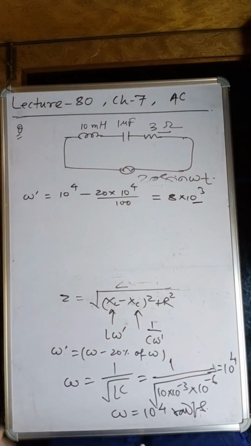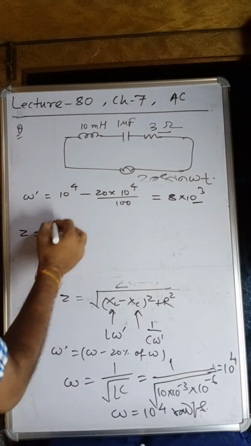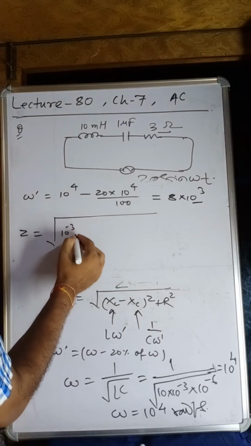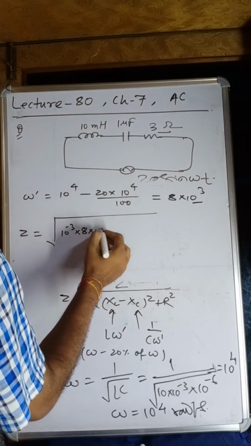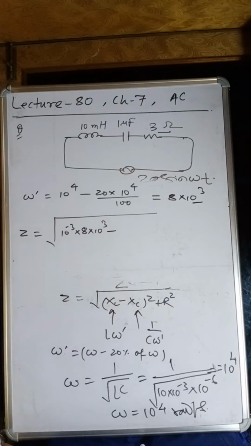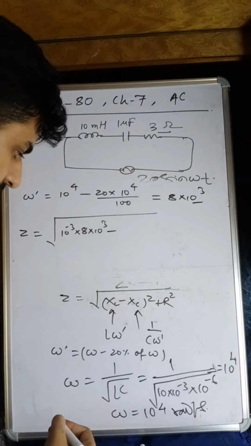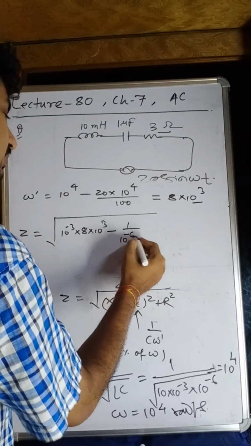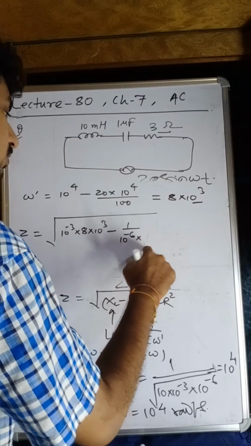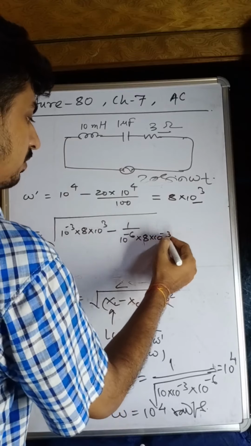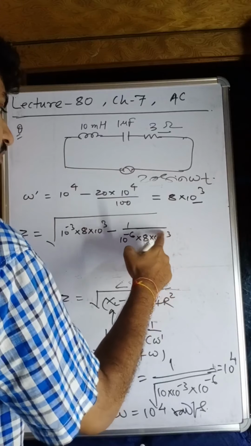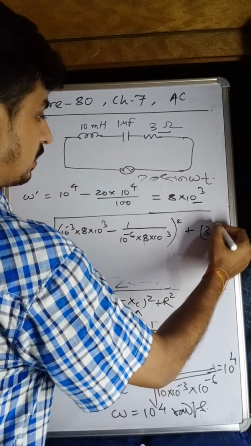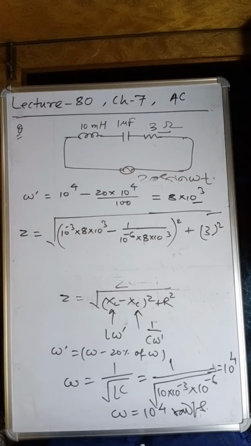Alright. Yes. So XL and XC, now directly we can write here the XL is L omega, 10 to the power minus 3, and omega is 8 into 10 to the power 3, minus XC, which is 1 by C omega, 10 to the power minus 6, and it is 8 into 10 to the power 3, whole square plus R square, giving Z. Alright, am I right?